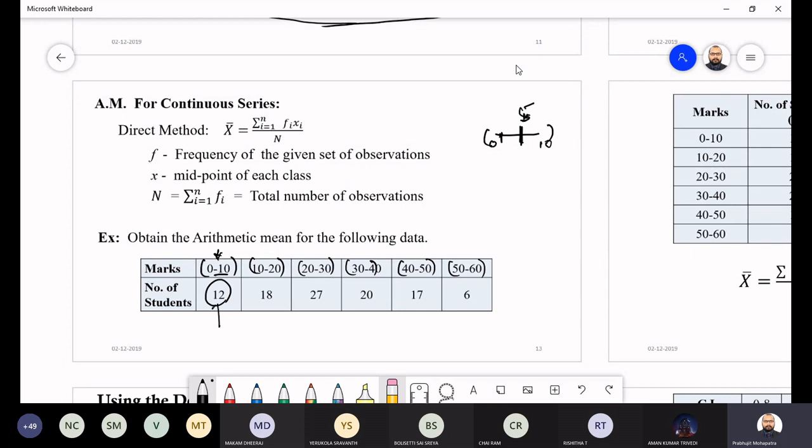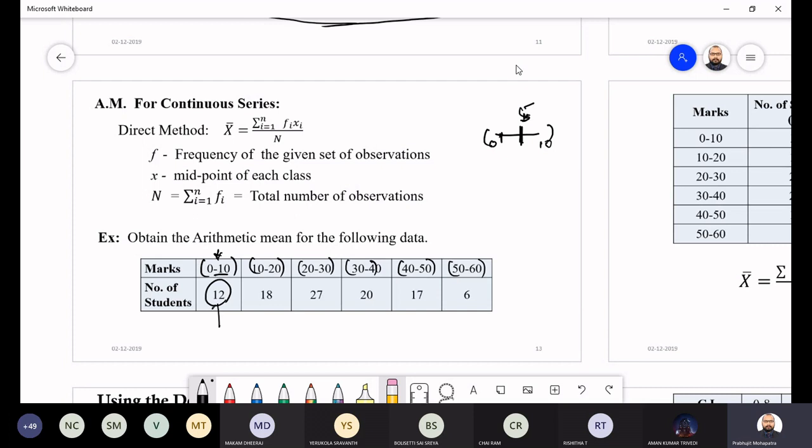When we have no idea, someone has just said that 12 students have marks between 0 to 10. If we had proper information, like the marks are 9, 7, 6 or 4, 3, then you can just add them, like we used to do traditionally.